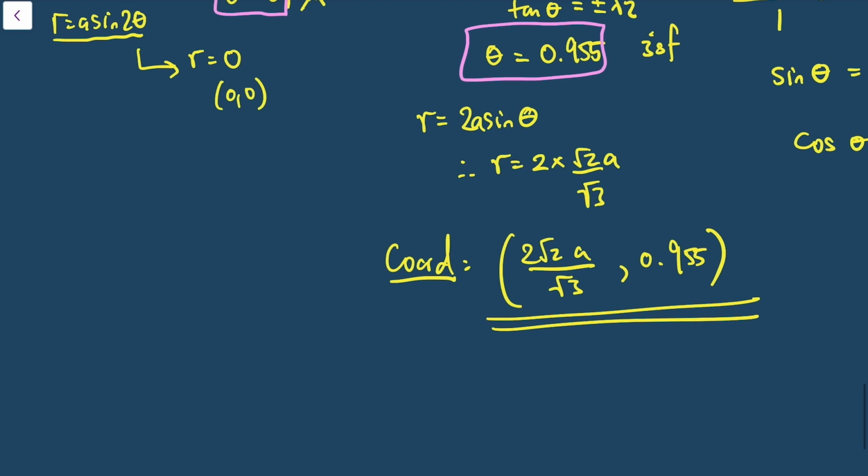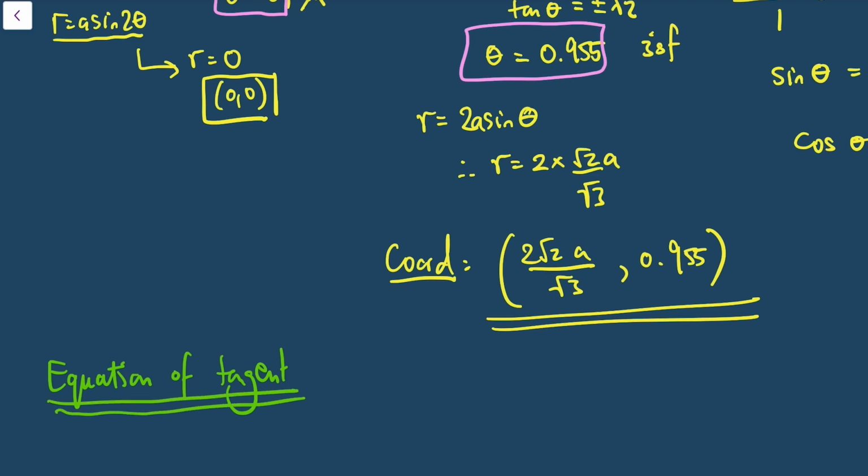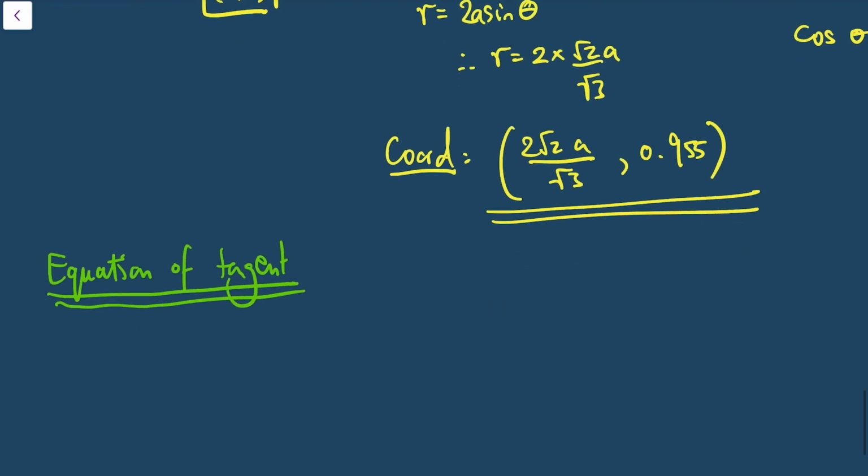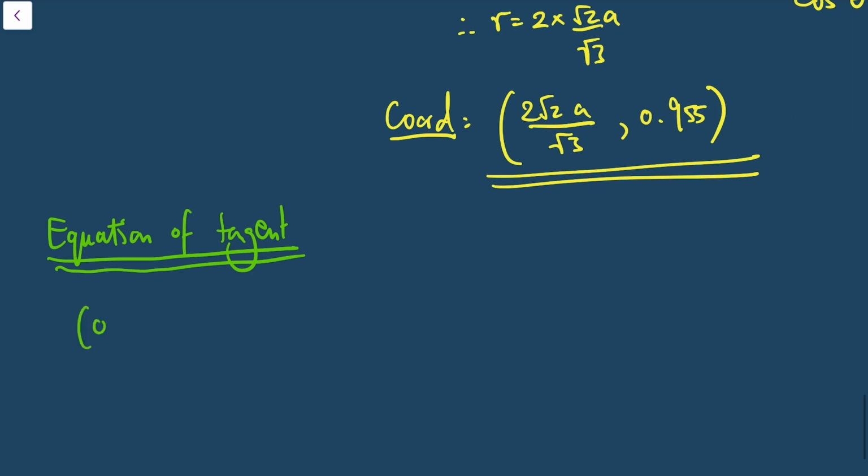If I sub in, let's say I have now 0, 0, I want to find the equation of the tangent. I only have the point of contact so far. So for the point 0, 0, this is going to give me y equals 0, and I know therefore that r is equal to 0.